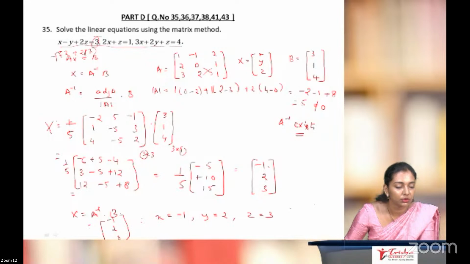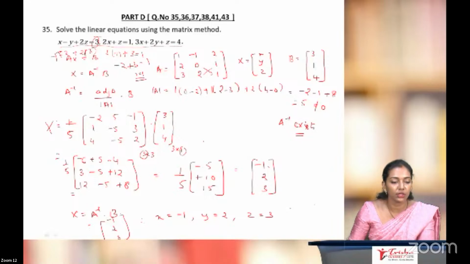So this you should satisfy. Similarly, 2x plus z: 2 into minus 1 plus 3 should be equal to 1. So minus 2 plus 3 is equal to 1. 1 equals 1. So when you substitute back into the equation, it should satisfy. Then only your answers for x, y, z are correct. So, a very easy problem.